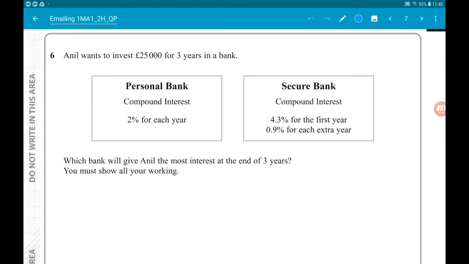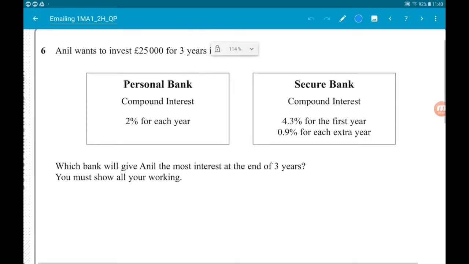Okay, so essentially then we just need to work out how much he's going to have in each account after 3 years. So let's do personal bank first of all. So I'm going to think of this in terms of decimal multipliers, which really is how you want to be doing this. So 2% is 0.02.